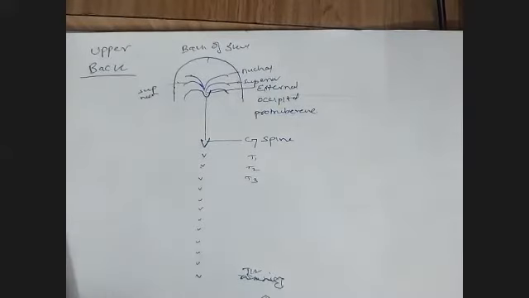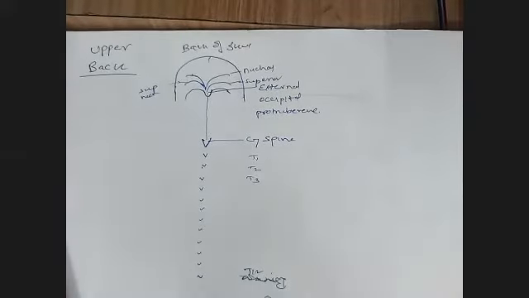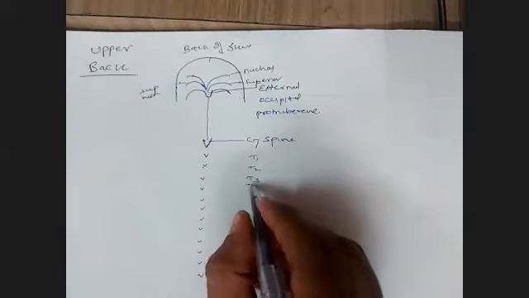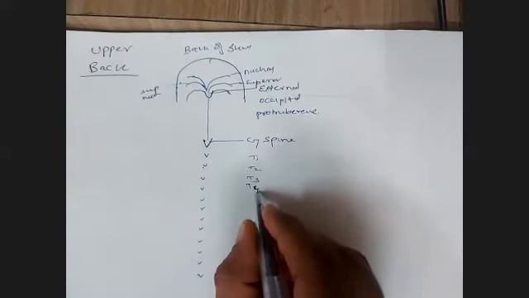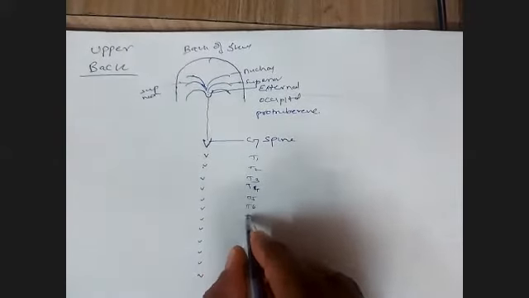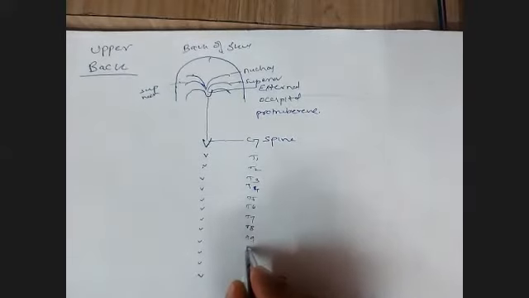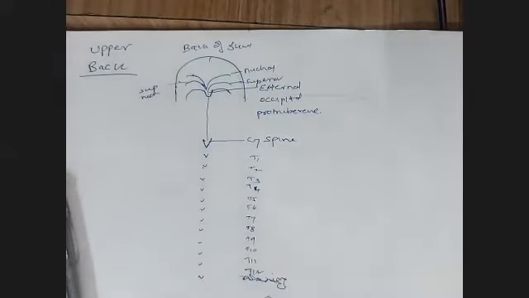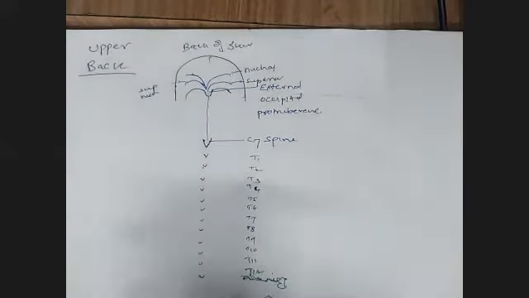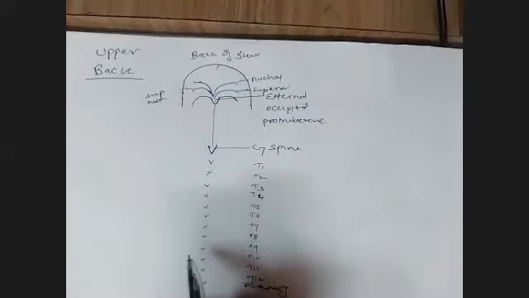Up to T12, we see these spines. T4, T5, T6, T7, T8, T9, T10, T11, and T12. So these are the spines.